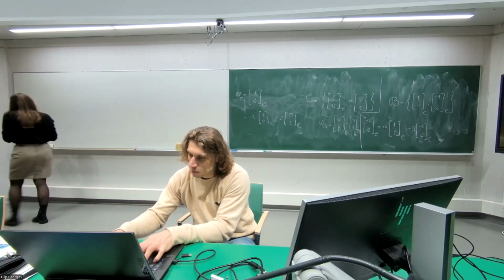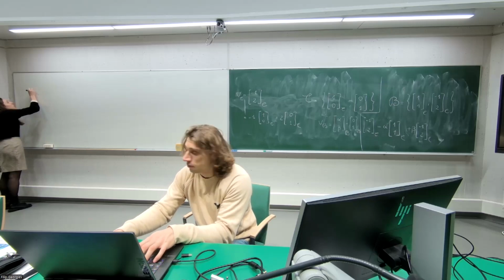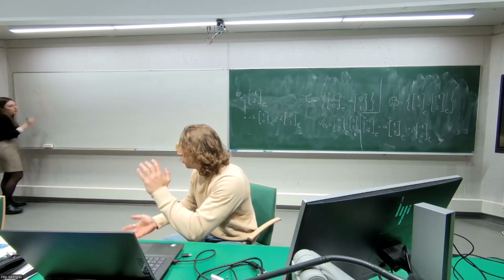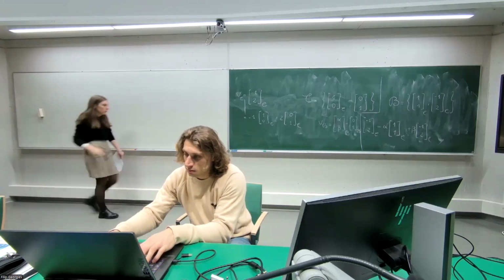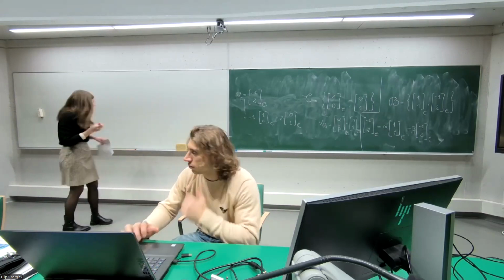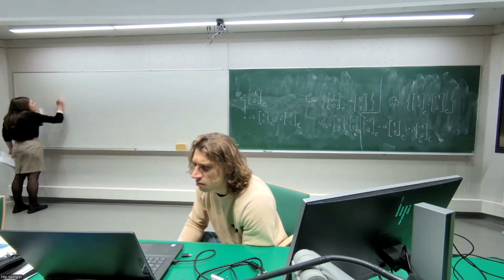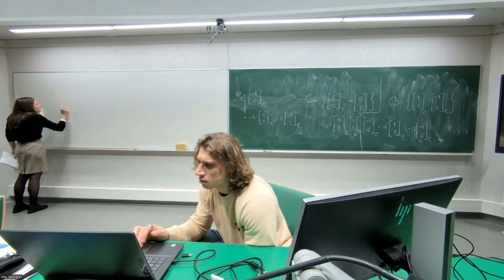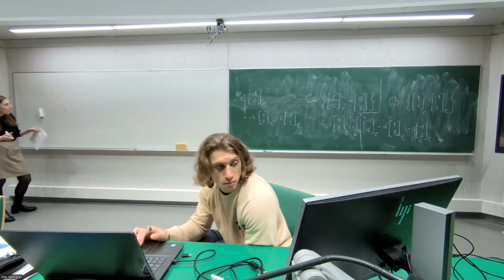So imagine I have a vector with coordinates v1 and v2, written with respect to the basis C. What I can do is to do the same thing.